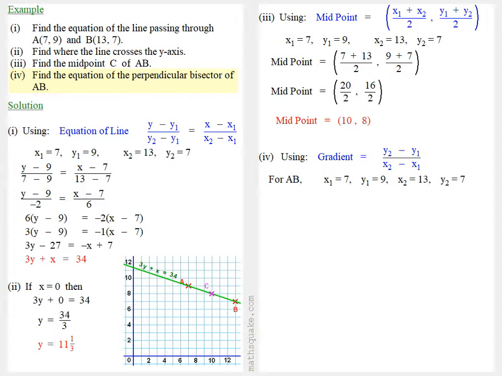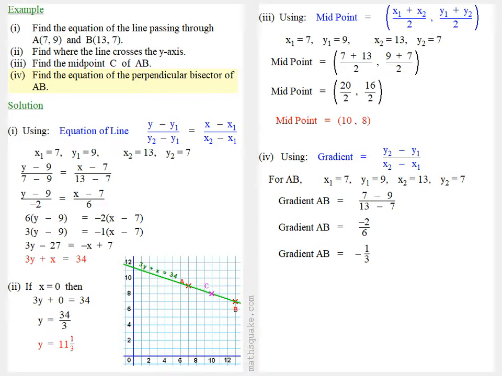So the gradient of AB is (7 minus 9) over (13 minus 7), which is minus 2 over 6, or minus 1/3. Now the gradient of the line that's perpendicular to that is m, where m times minus 1/3 is equal to minus 1, and so the gradient is 3.